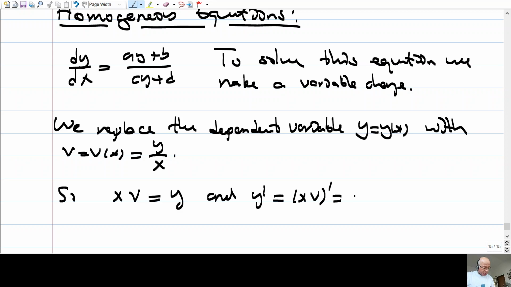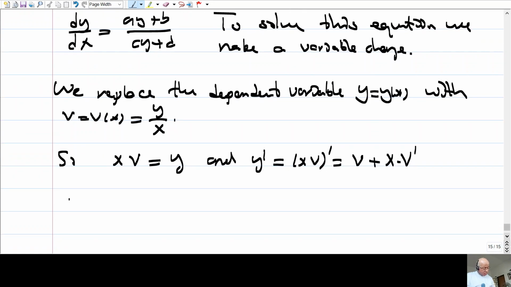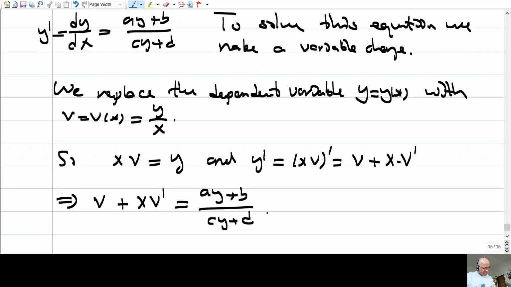And this is just the derivative of x, which is 1, times v, plus x times v prime. Okay, and we just take this and plug into the equation. You see this is y prime, so v plus x times v prime is equal to (ay + b) over (cy + d).